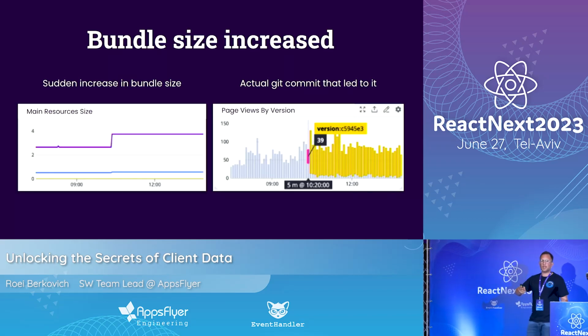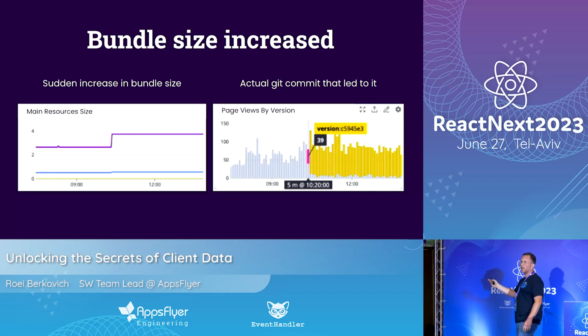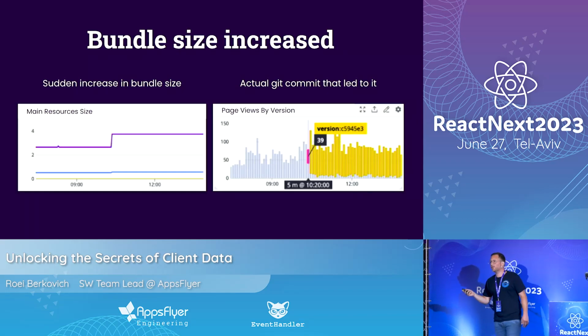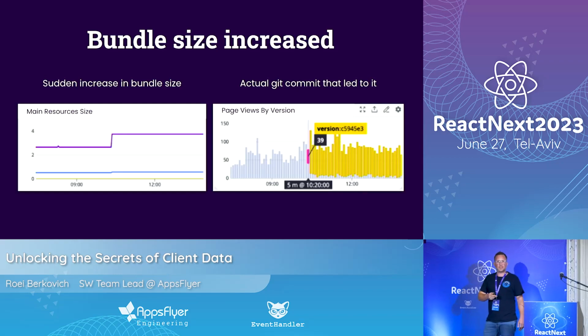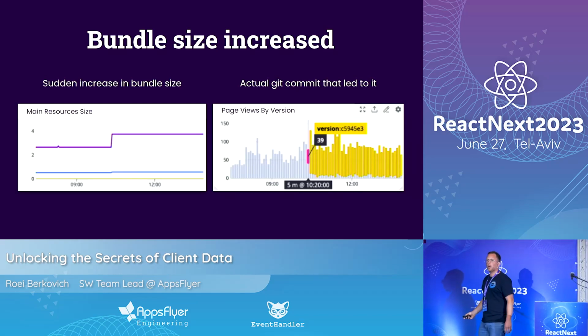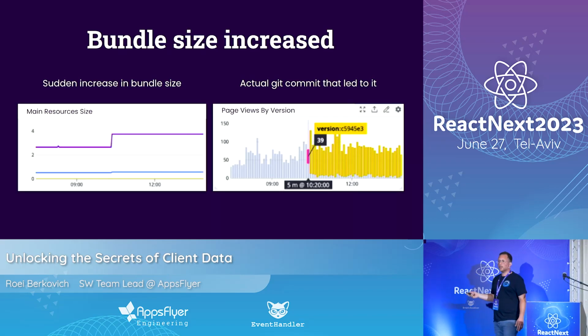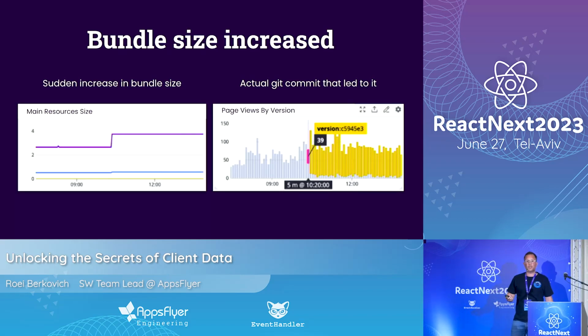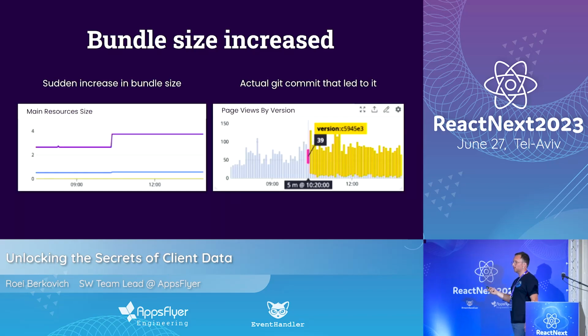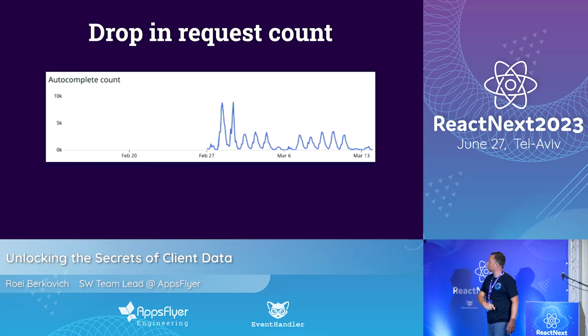Your bundle size is now 4, 6, 10 megabytes. I'm not sure if I can tell if it happened yesterday, 2 days ago, a week ago. I really don't know. But here you can see the actual Git commit that led to it.